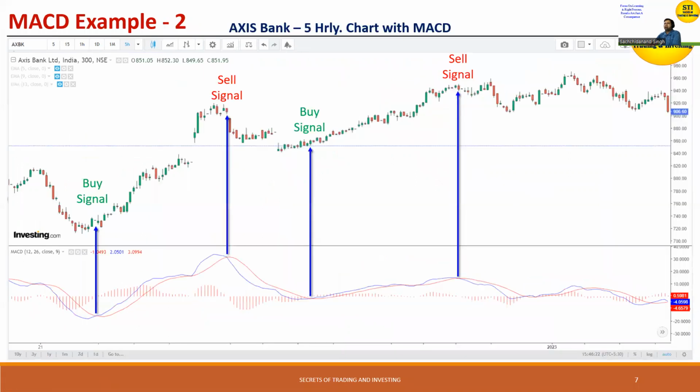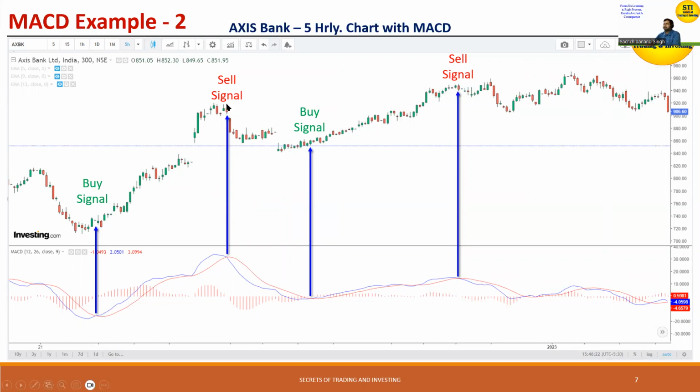And there is just another example of Axis Bank, where you can see that wherever this positive crossover is happening, you can consider it a potential buy signal. Again, along with a few more indicators or concepts that we have already learned or are going to learn, we will apply them to make our conviction strong and to increase the chances of our speculation or predictions.